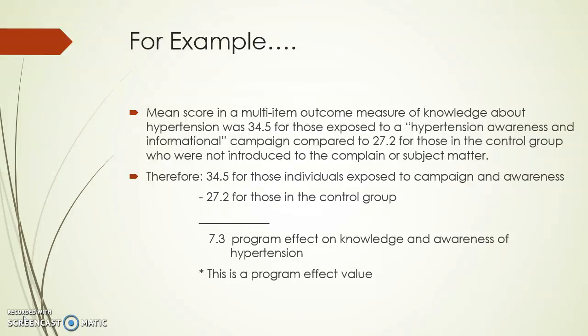So if we were to subtract the 34.5 of those who actually learned something from the campaign and the 27.2 that were in the control group, we get a difference of 7.3, and this would be the program effect value.